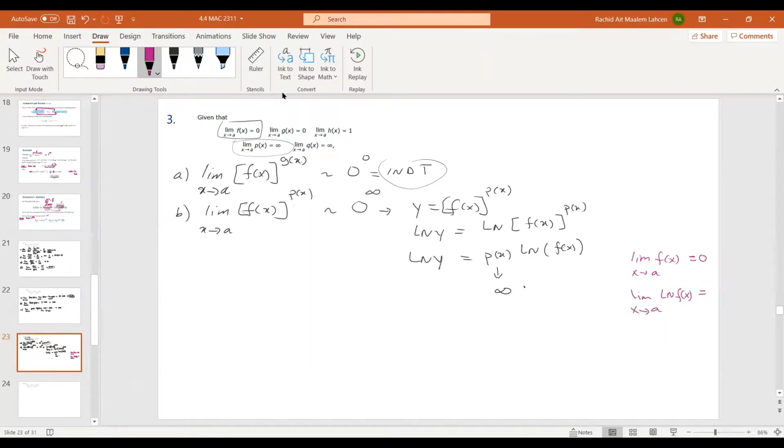That's going to be towards negative infinity. So keep in mind the graph of ln of x when it approaches 0, and you will see that it's going to be approaching negative infinity. And of course here it's approaching a from one side, right?